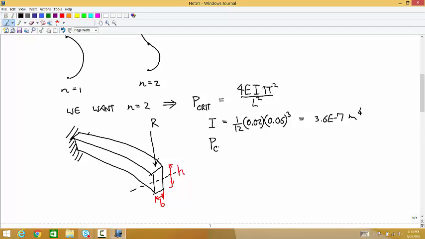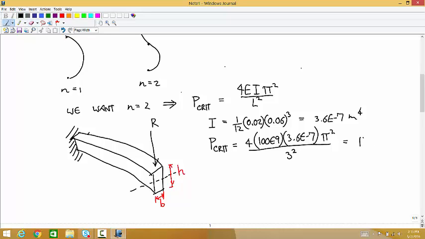And so P critical is equal to 4 times 100 times 10 to the 9th times 3.6 times 10 to the minus 7 times pi squared, divided by 3 squared. And what do you get for all that? 157,914.